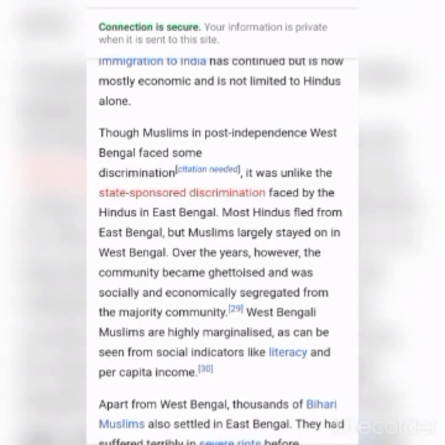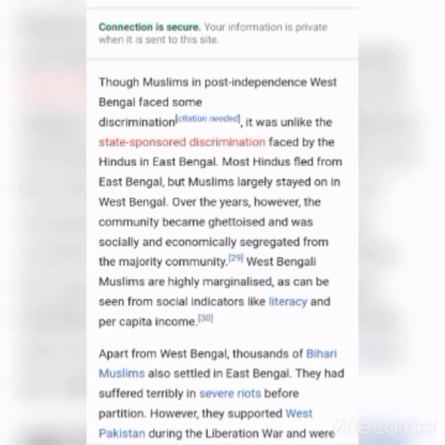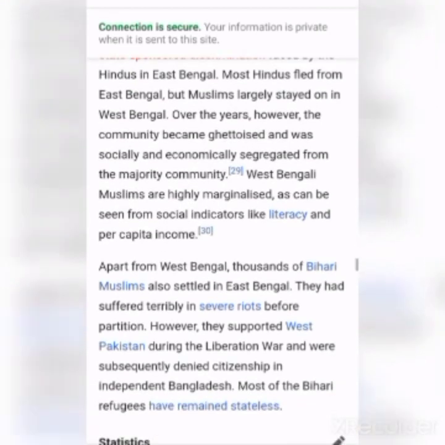Over the years, however, the community became ghettoized and was socially and economically segregated from the majority community. West Bengali Muslims are highly marginalized, as can be seen from social indicators like literacy and per capita income.